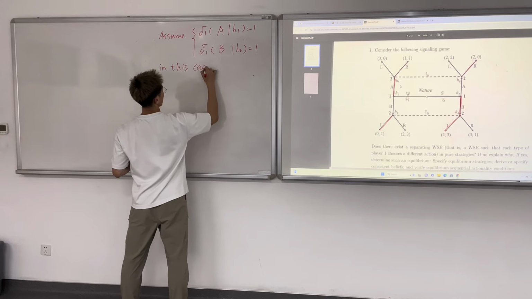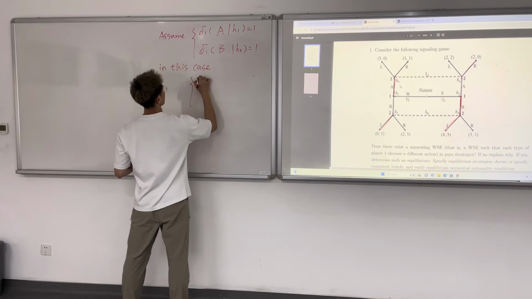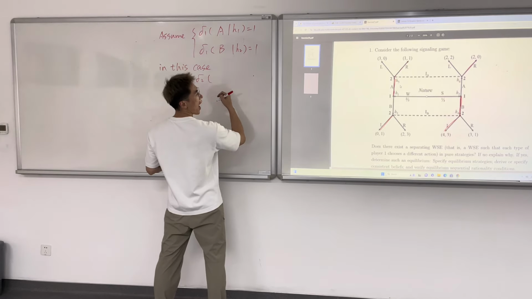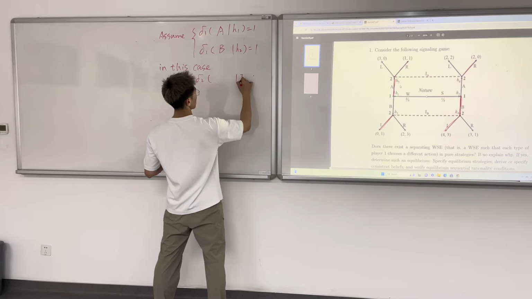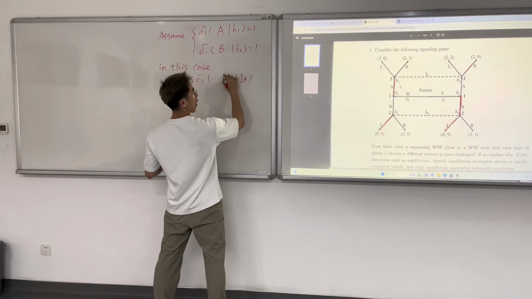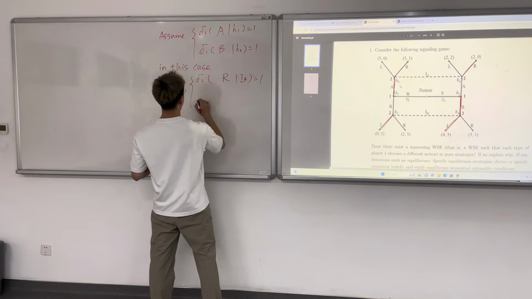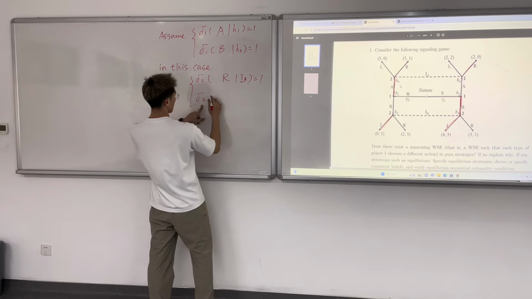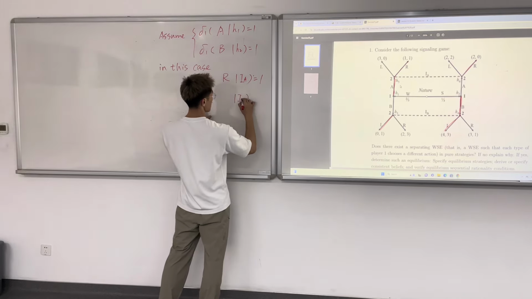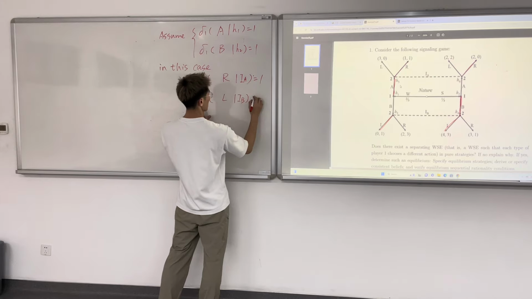In this case, the probability of player 2 in information set IA of playing R equals 1, and the probability of player 2 in information set IB of playing L equals 1.